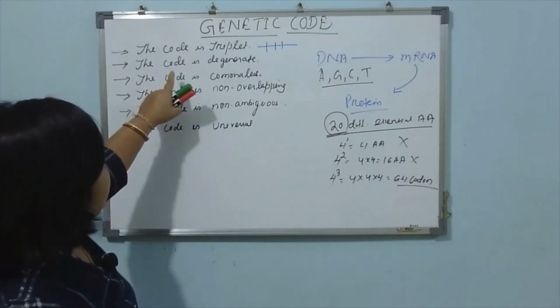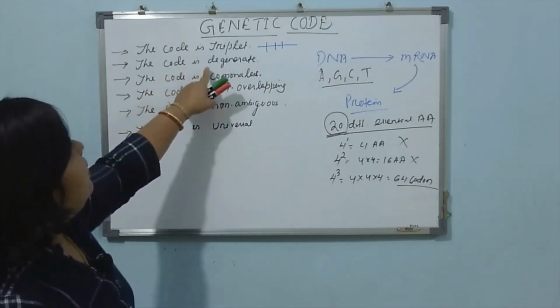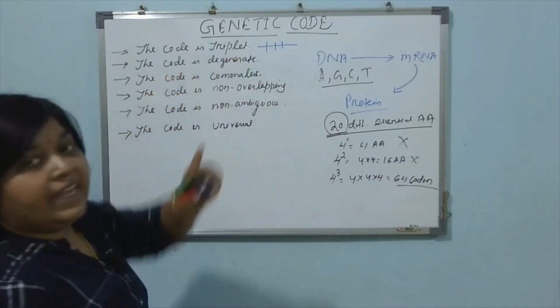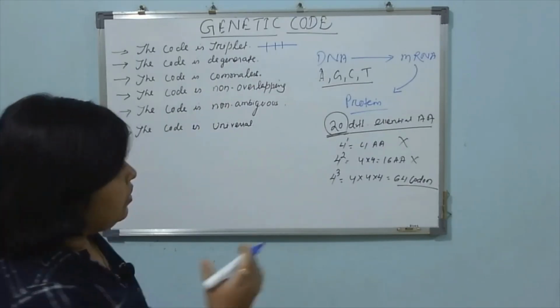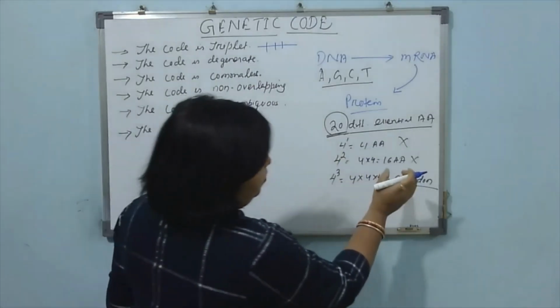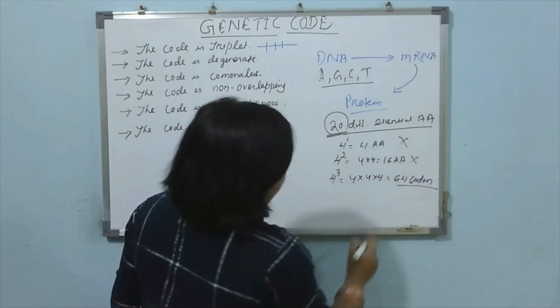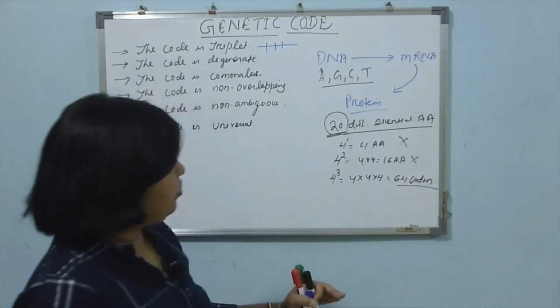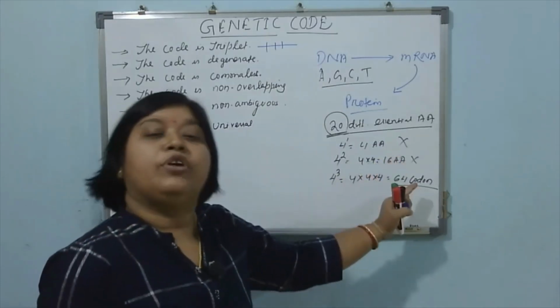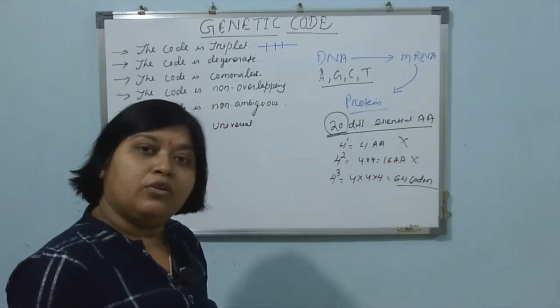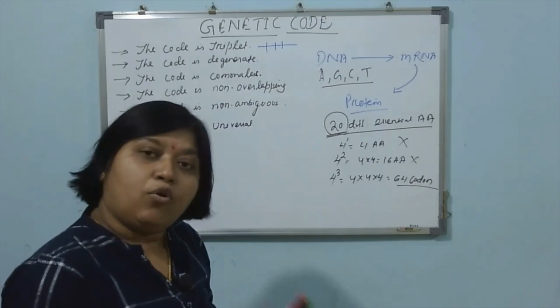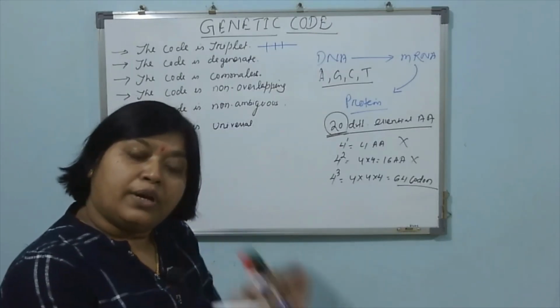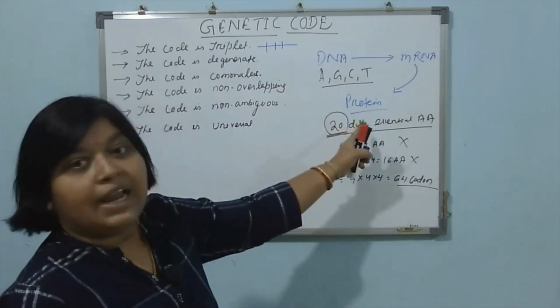Second property is that it is degenerate. Degenerate means if we take from these 64 codons, we can write 20 different essential amino acids. The remaining 44 triplet codons are also there. So those codons can also be used to write those essential amino acids.